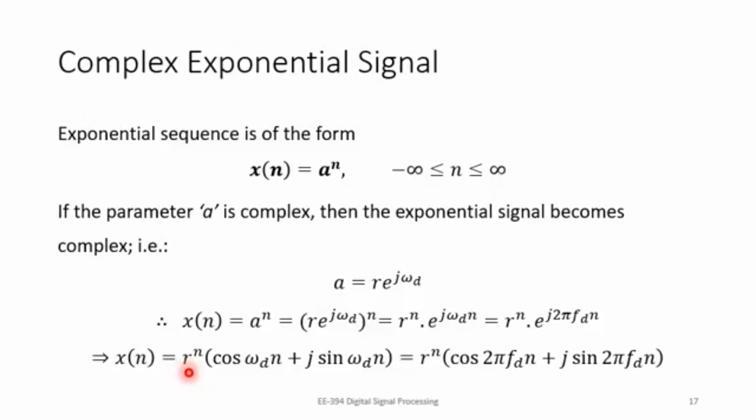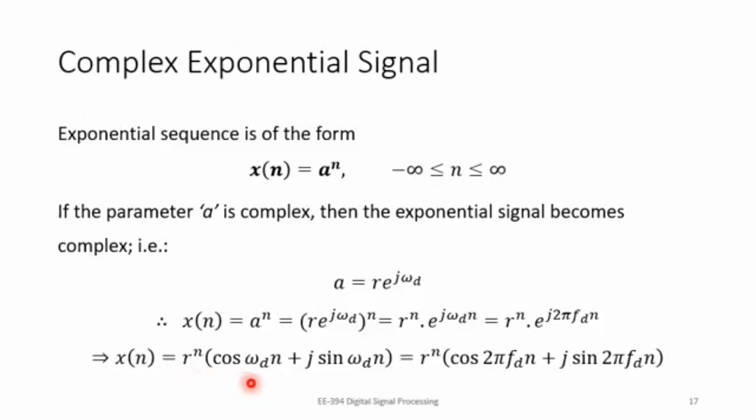If it is less than 1, then whatever the oscillations coming from cosine and sine, they will be multiplied by r raised to power n and eventually die, or will remain same, or will go up. So in exponential signals, one of the things to look for is the value of this r, which is the real number. If the magnitude is less than 1, we will have a stable signal, and if it is beyond 1, then it will not be a stable signal.